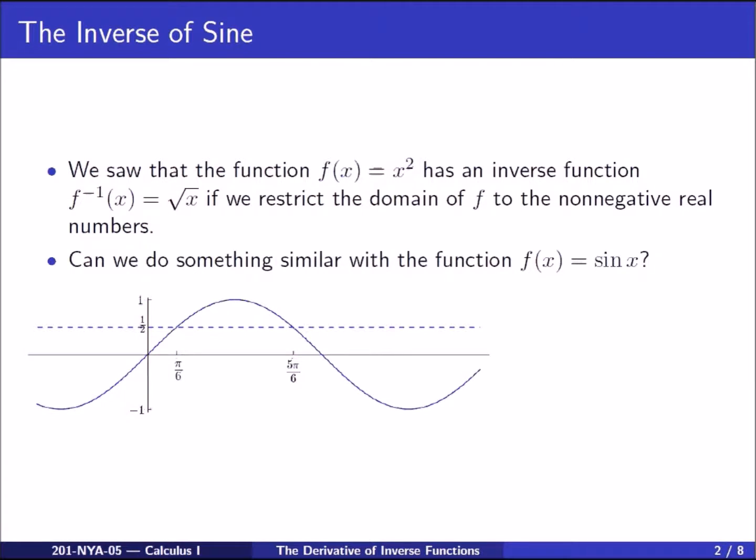Now, looking at the function f of x equals sine of x, the question that we want to start with here is: is it possible to restrict the domain of the sine function in order to define an inverse function for it? Because as it is, the sine function does not have an inverse function if we do not restrict its domain. For instance, take the value y equals 1/2.